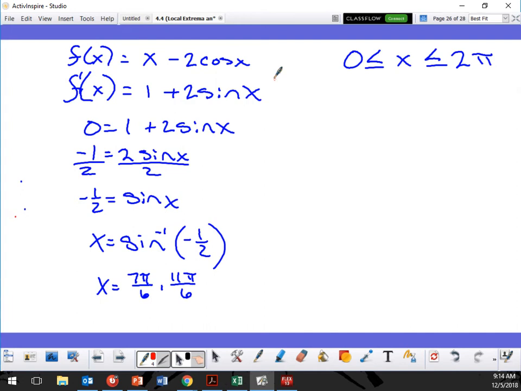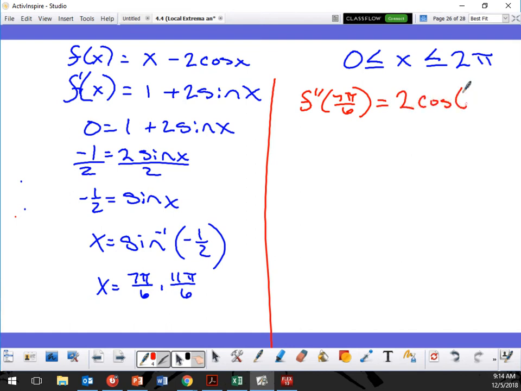So we have f double prime of 7 pi over 6 is going to be 2 cosine of 7 pi over 6.